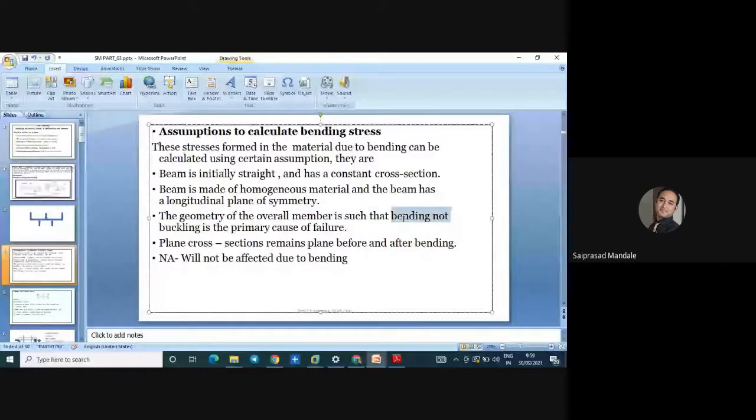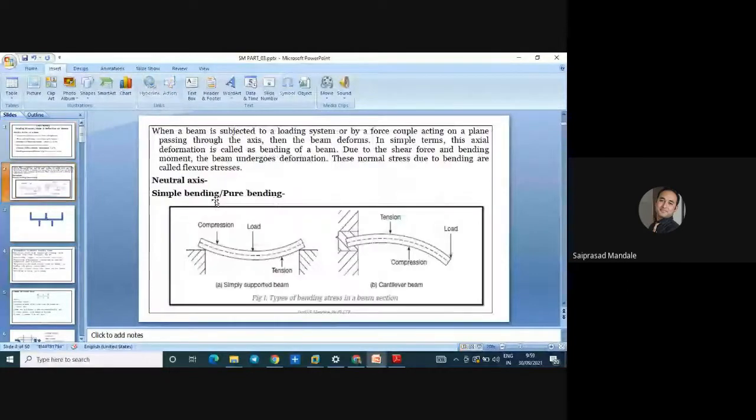Now, bending and buckling are two different parameters. Try to understand what is bending and what is buckling. Bending means if the beam is loaded, this is the beam and it is loaded, now here it is bent.